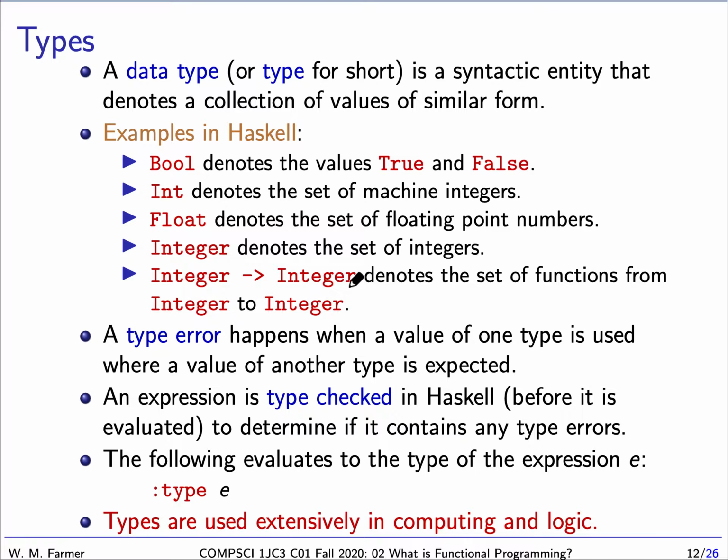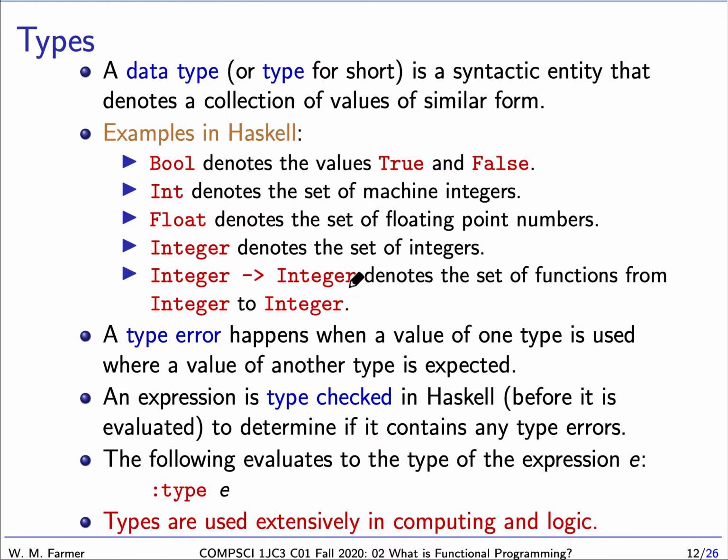So if I applied addition to two values, but one of the values, let's say, wasn't a number, it was something else, let's say a truth value or a string, we would get a type error because addition can only be applied to numbers. So type errors are very common, and we'd like to be able to identify these type errors.